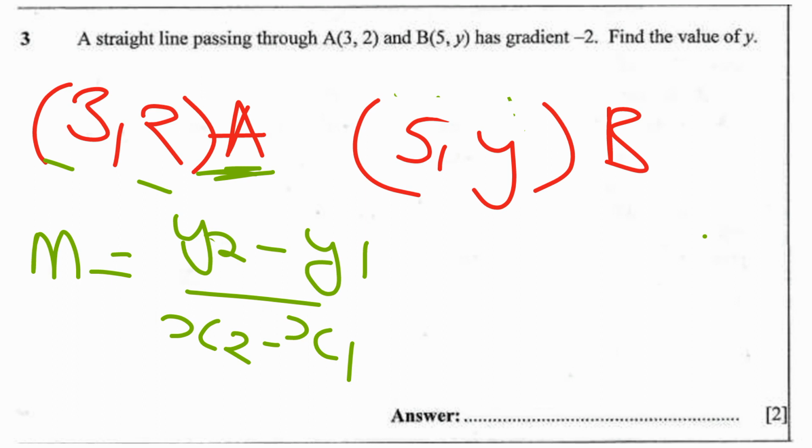You don't say x1, y2, no, you say x1 and y1. Even here, when you say this is 2, you say this is x2, then this is y2. Having said that, we can now replace these into our formula.